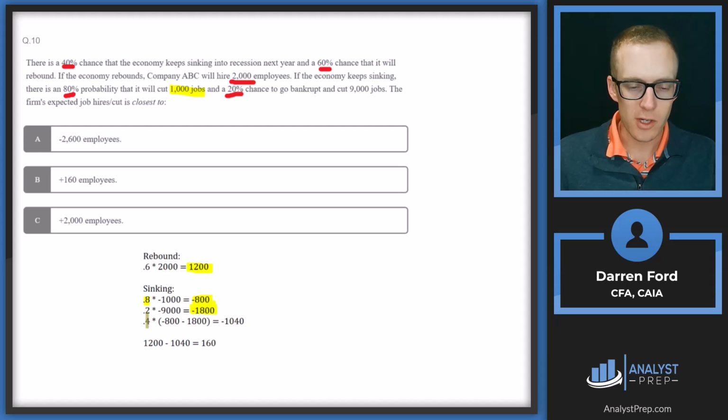So then the overall contribution is going to be 0.4 times these two added together. So that gives us our sinking weighted average of 1,040. So we'll take the difference between 1,200 and 1,040, and that's going to give us an expected, including all 3 or 4 of these different scenarios, of adding 160 employees.